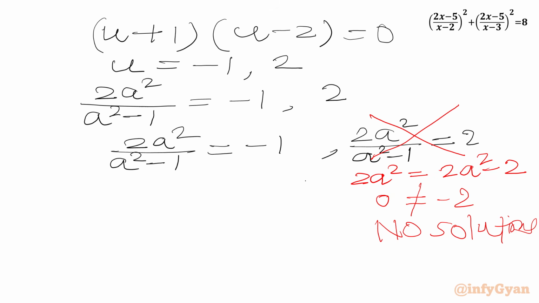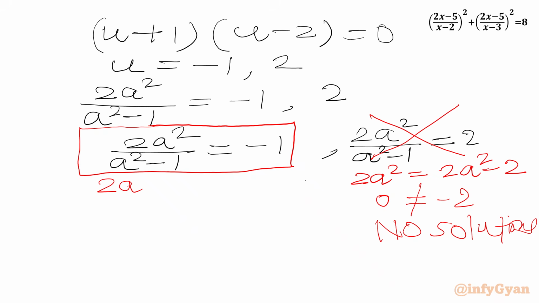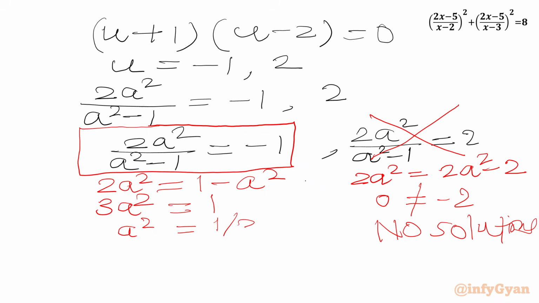Now we have to solve the first equation. 2a square over a square minus 1 equal to minus 1. Let's cross multiply. We'll get 2a square is equal to 1 minus a square. Add a square to both sides. 3a square is equal to 1. Divide both sides by 3. a square is equal to 1 over 3.